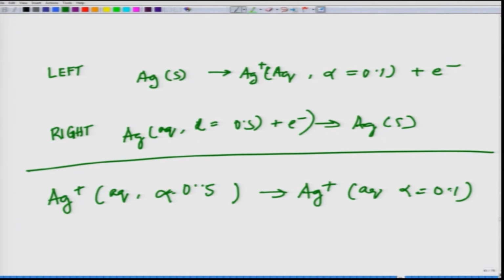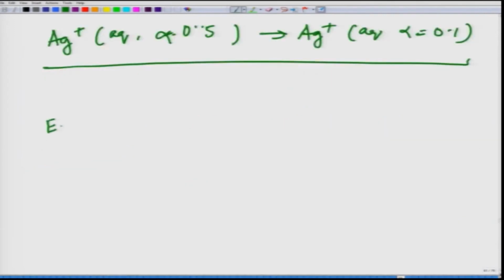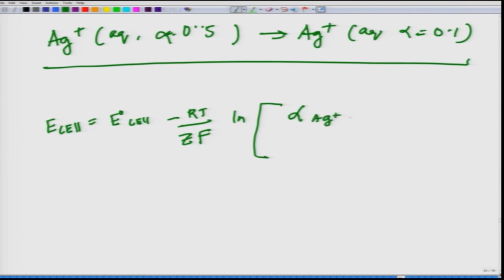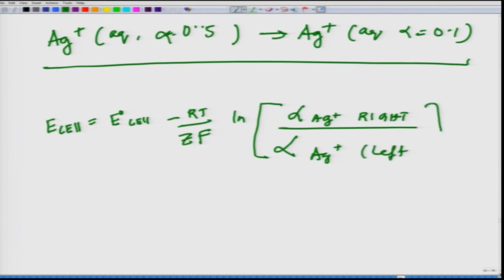This is how it looks, and if you put the Nernst equation in place, E cell is equal to E standard reduction potential minus RT/zF times the log of Ag+ on the right divided by Ag+ on the left.